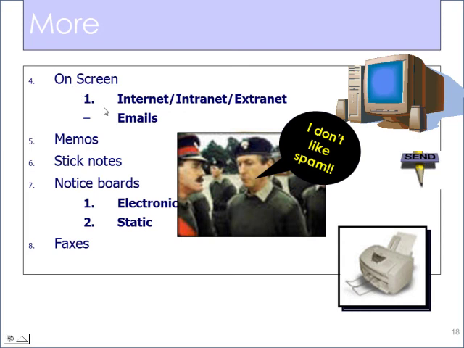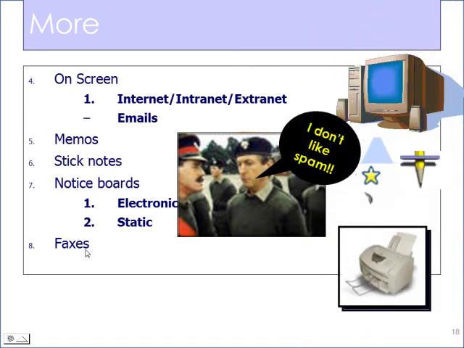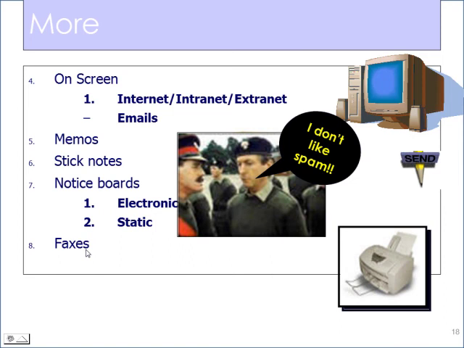If you get messages on screen, well, yes, but then we get spam. Memos. Sticky notes. Notice board. Do you read notice boards? What about faxes? Are they a good method of communication? Let's move along.